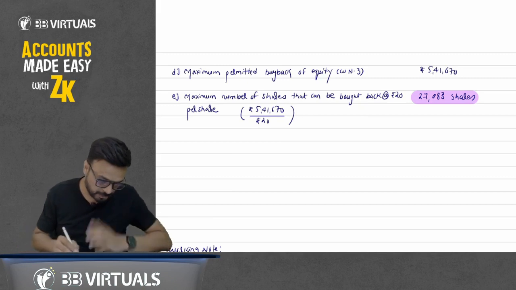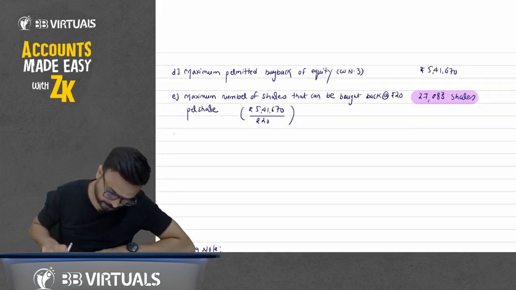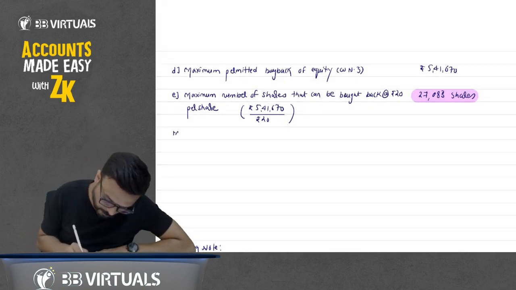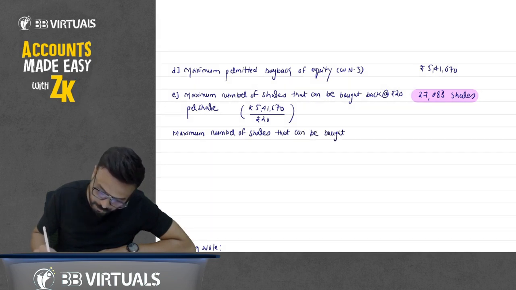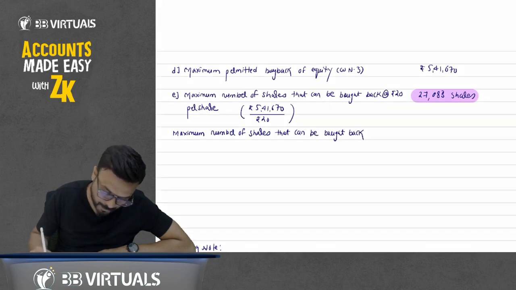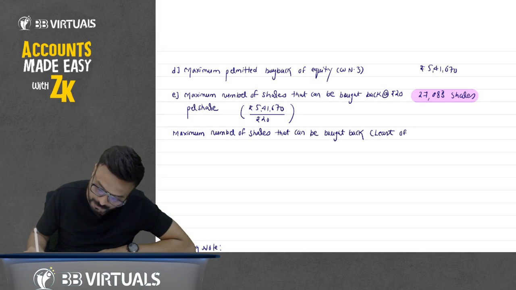Write down: maximum number of shares that can be bought back, in brackets, least of the above three.